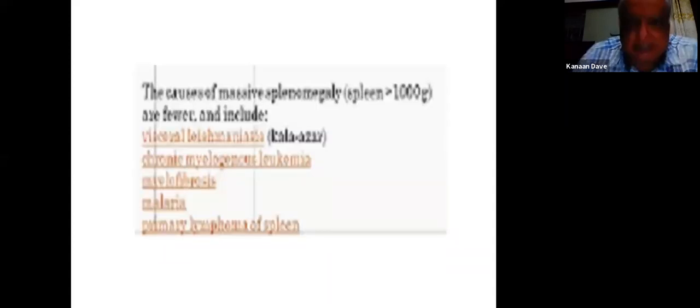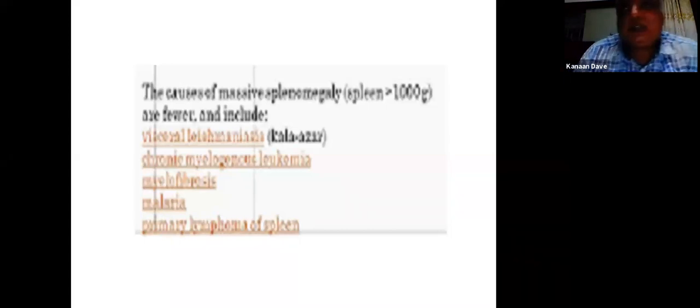This is not a very clear slide, but often when you will be doing your clinical rotations, and when you are also working as doctors, there are 5 conditions that you really need to know, which cause massive splenomegaly, and that's when the spleen is more than 1 kilo. And top on the list there is visceral leishmaniasis, Kala-Azar, chronic myeloid leukemia, myelofibrosis.